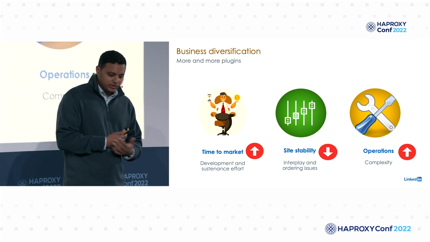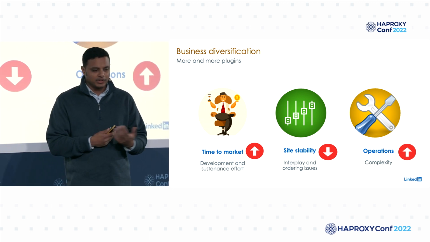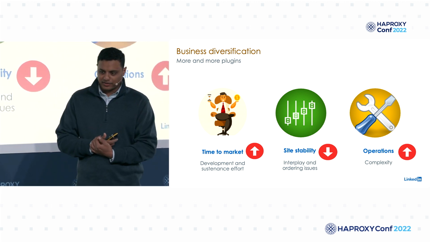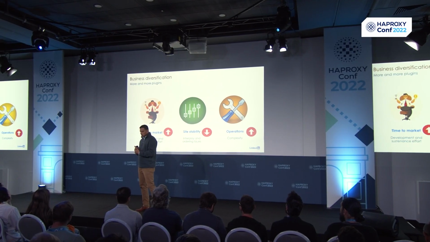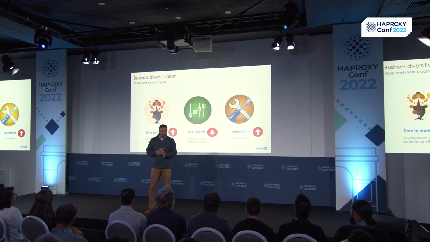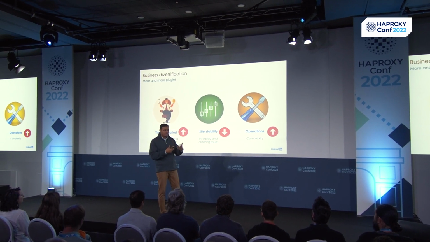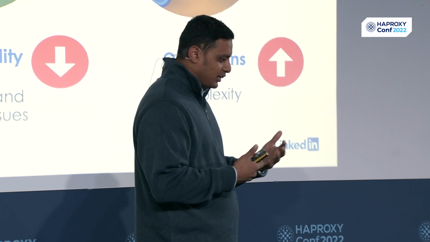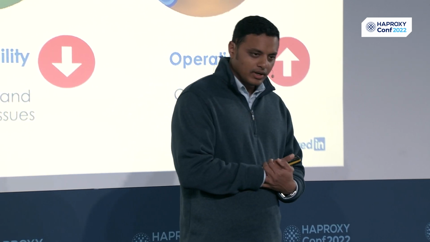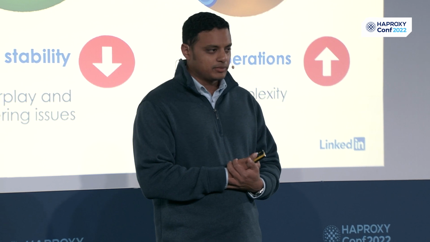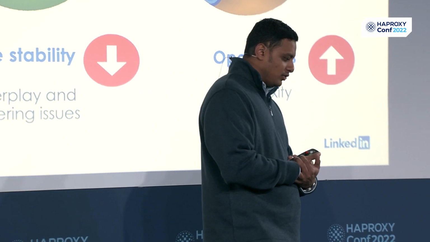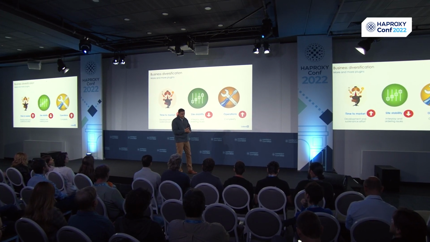But the challenge with doing this is, over the years, as Sanjay mentioned, we have 30+ plugins. Now, adding more plugins is time-consuming and more complex, because now we have to worry about how it's going to interplay with the plugins already existing, and ordering issues, etc. Another challenge is these plugins are shared libraries, so we don't get very good fault isolation.